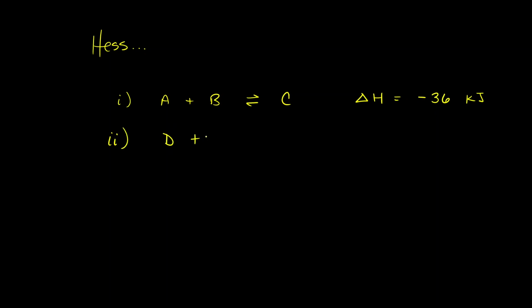Maybe we've got D plus B, A plus C, and our delta H for this one would be plus 18 kilojoules. So with Hess's law, the amount of energy that is released in the forward reaction is 36 kilojoules. For the second one, we require 18 kilojoules of energy for the forward reaction.